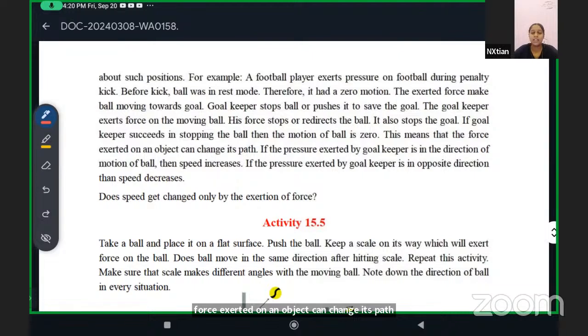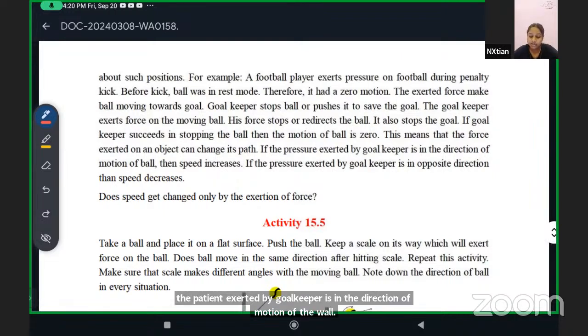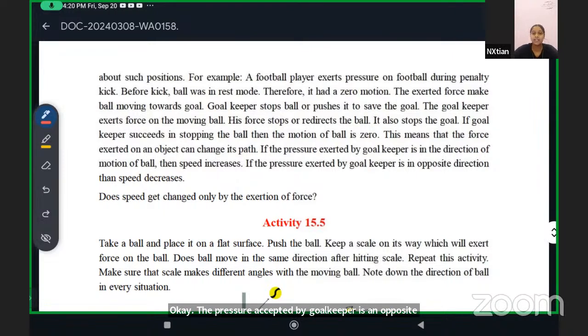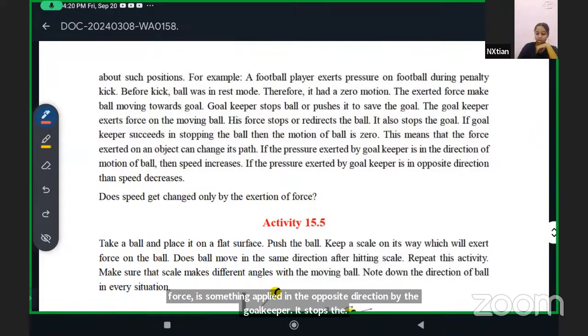If the pressure exerted by the goalkeeper is in the direction of motion of the ball, then speed increases. If the pressure exerted by the goalkeeper is in the opposite direction, the speed decreases. Like force is applied in the opposite direction by the goalkeeper, it stops the ball.